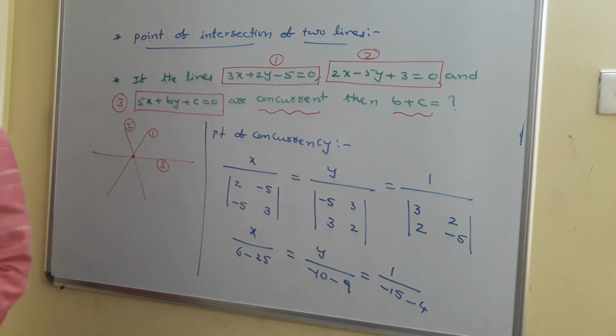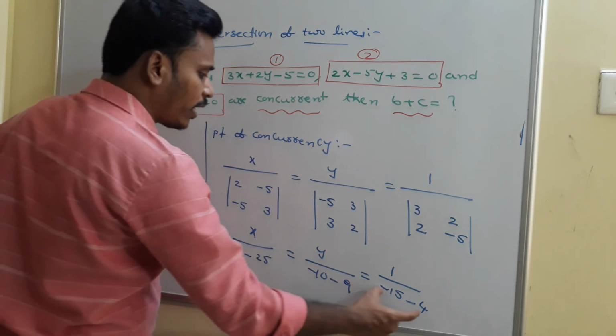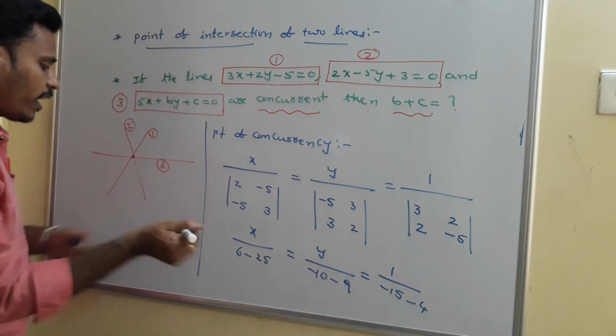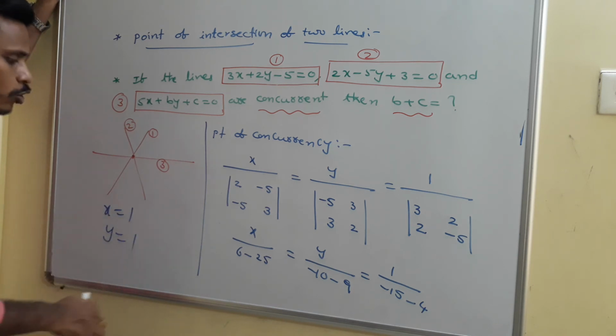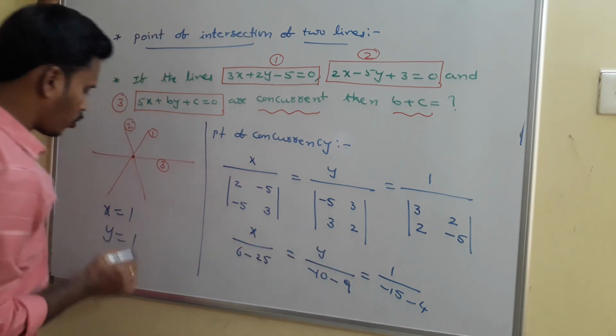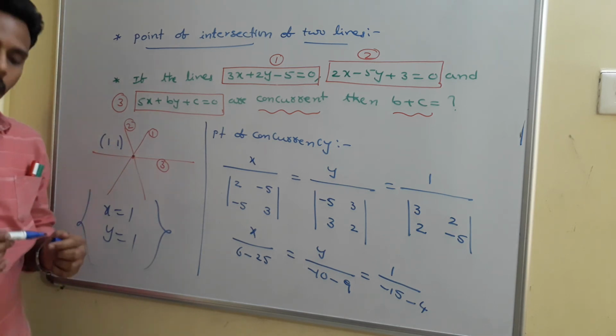Just have a look. x divided by 6 minus 25 means minus 19. y divided by minus 19. 1 divided by minus 19. So this is minus 19, this is minus 19, this is minus 19. From there it is very clear that x is equal to 1 and y is equal to 1. That means this point of concurrency, this point of intersection, is 1 comma 1.